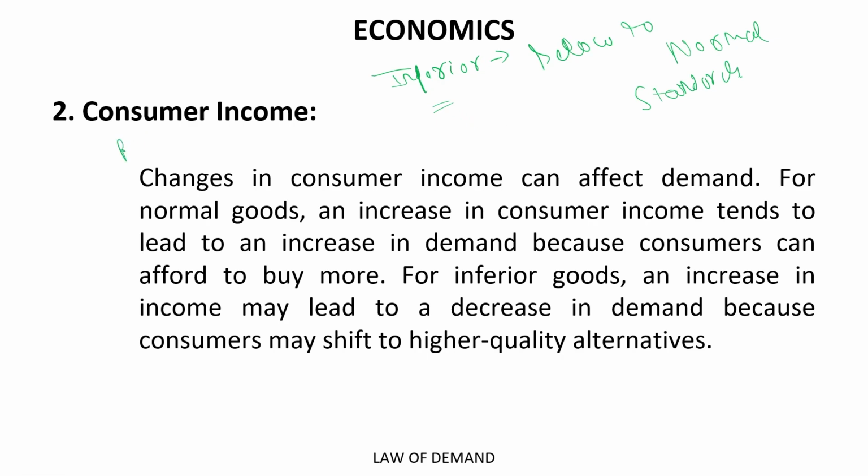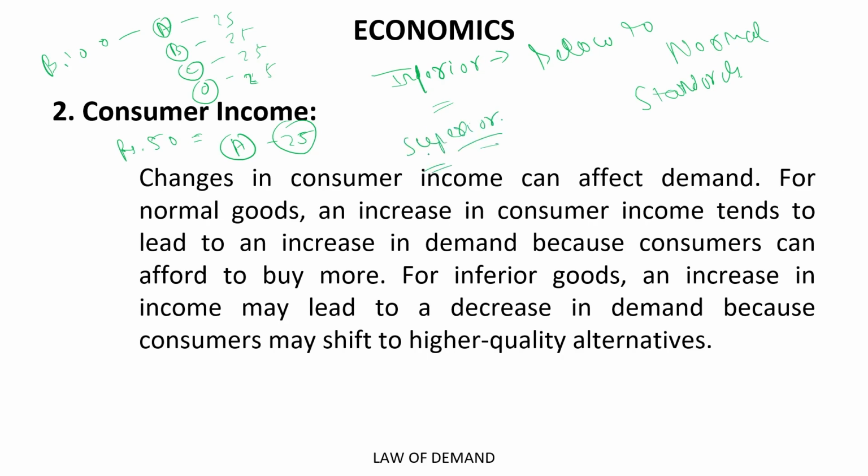So when the person has an income of 50, he is buying A for rupees 50 or 25, you can say. But when his income rises, then he can buy A, B, C and D, 4 items. So in this scenario, he will go for the normal and superior goods, because now he could purchase more.